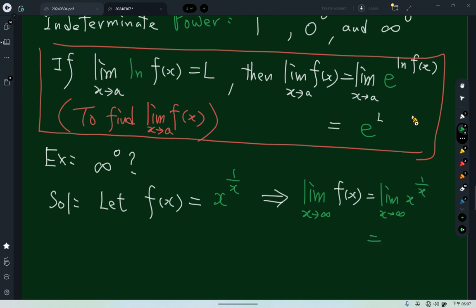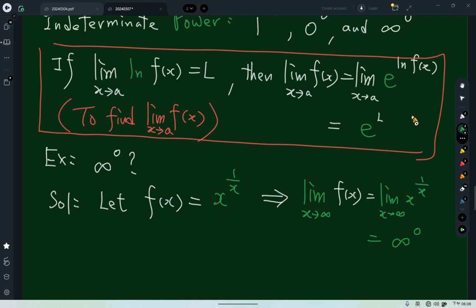So you will see that we get infinity to the power of 0, right? If I want to get infinity to the power of 0, I construct a function like this one.